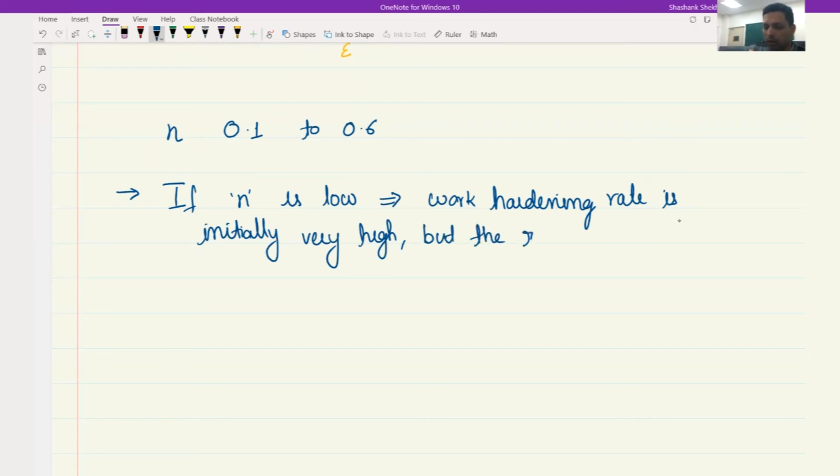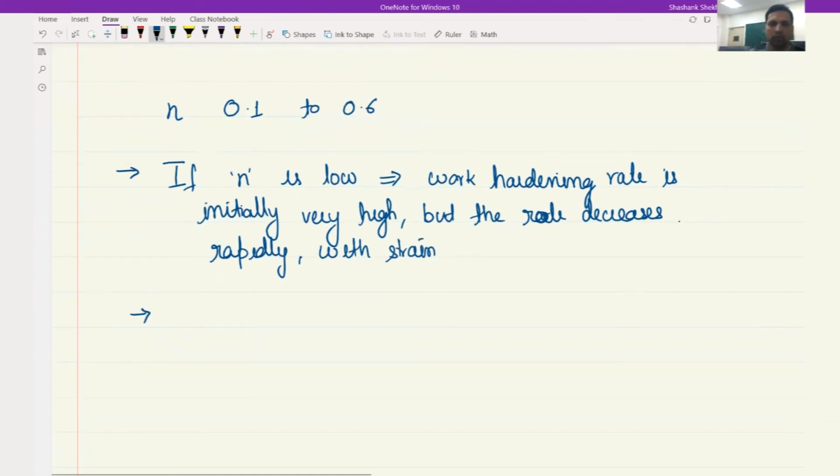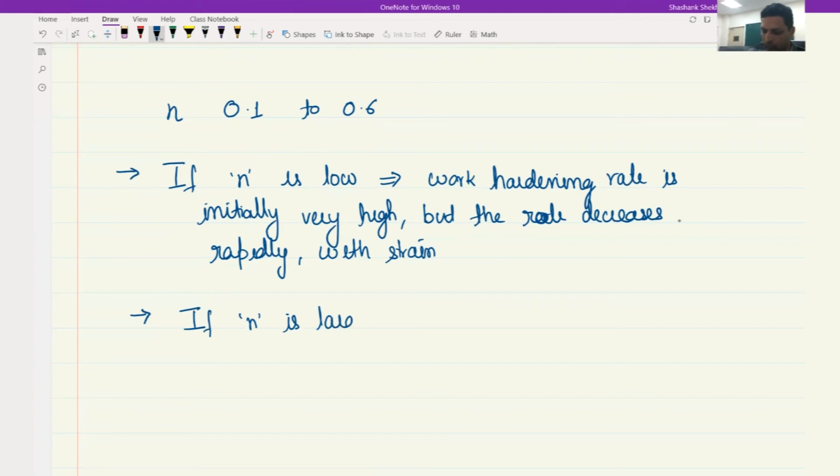On the other hand, if you have n relatively large, then it implies that the work hardening rate initially is low, but it keeps on increasing up to very high stresses.